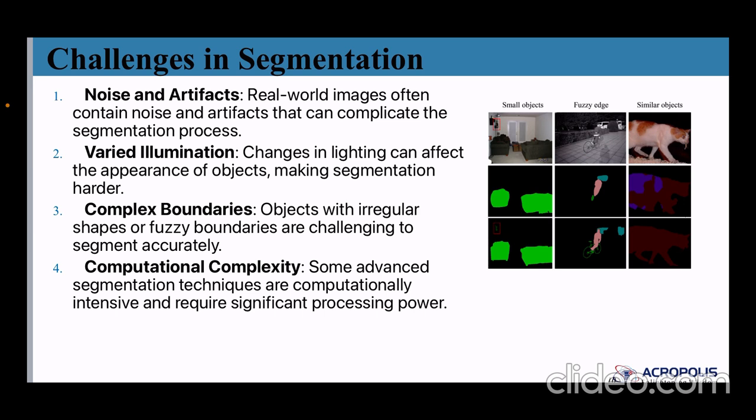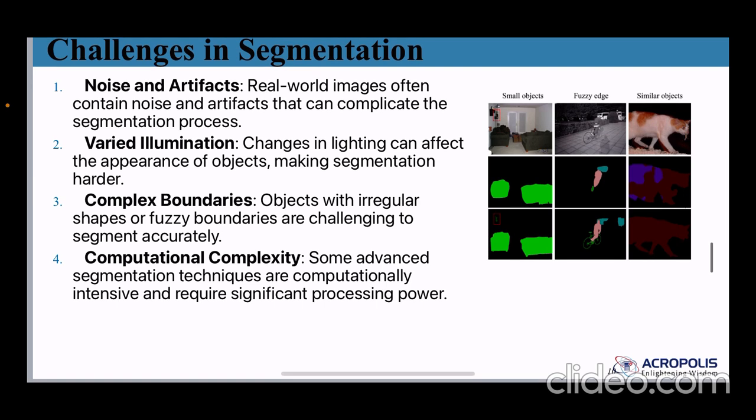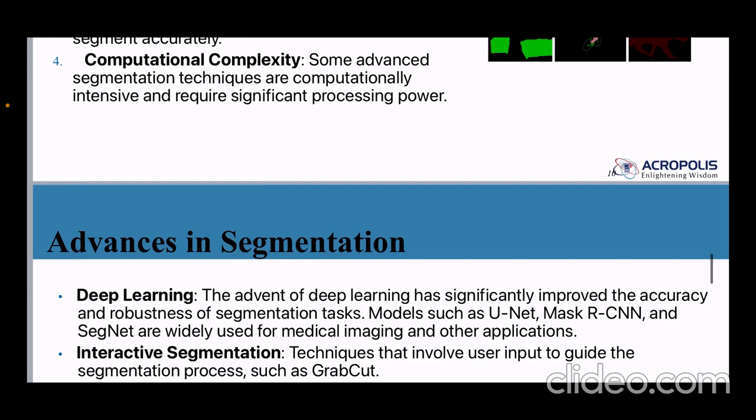Now, varied illumination. Changes in lighting can affect the appearance of objects. Complex boundaries. Objects with irregular shapes or fuzzy boundaries are challenging to segment accurately. Computational complexity. Some advanced segmentation techniques are computationally intensive and require significant processing power.